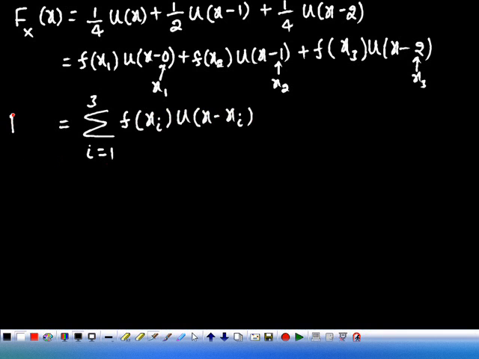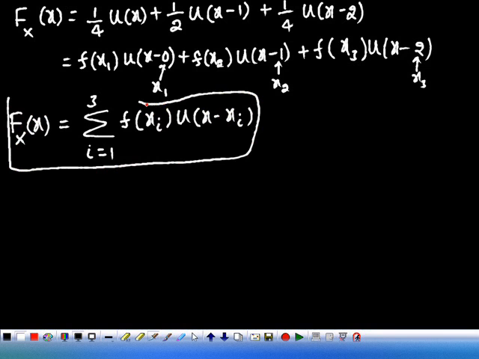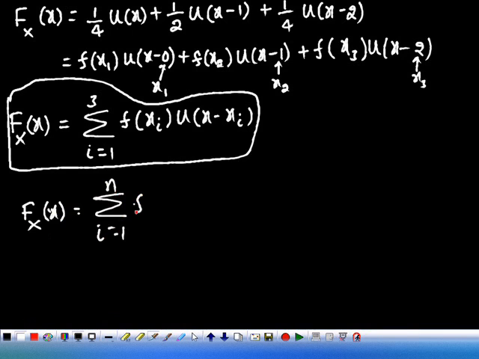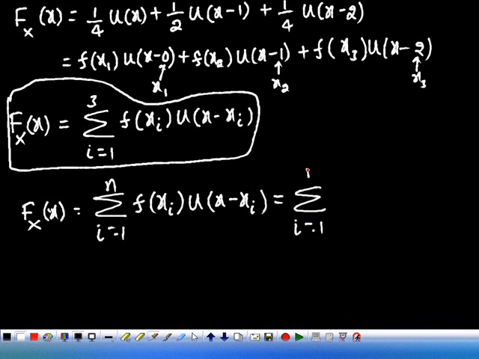Is that right? Therefore, for a discrete random variable, the CDF can be represented in terms of unit step functions. So in general, you can write this Fx of x for a discrete random variable as sigma i equivalent to 1 to n f of xi u of x minus xi. What is f of xi here? Probability function. This can also be written, so 1 to n, what is f of xi?